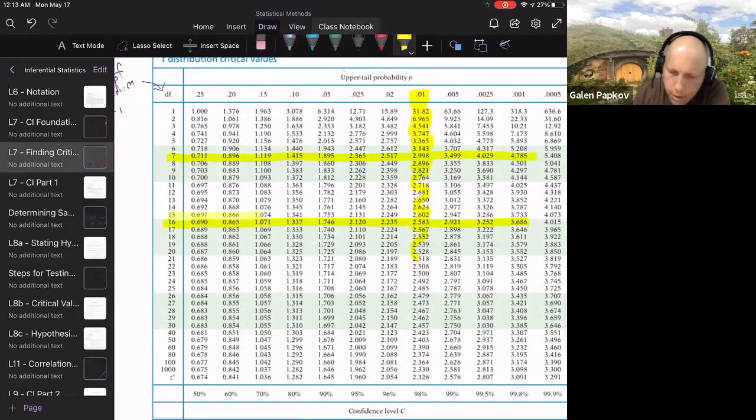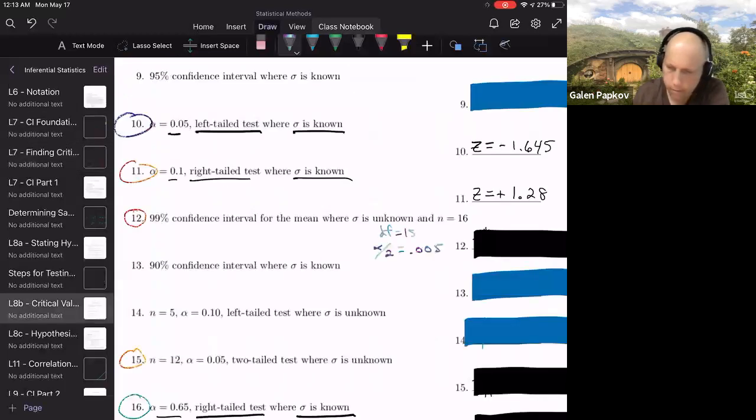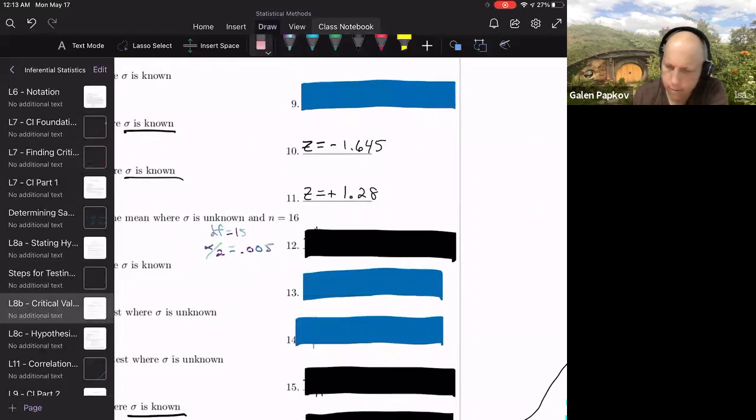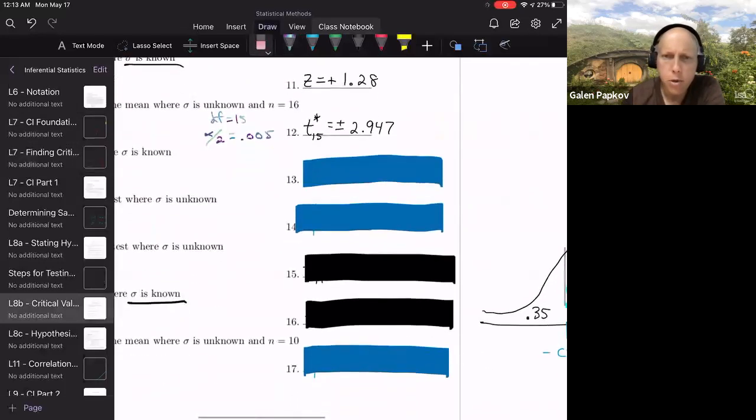So 15 degrees of freedom, and I said 0.005. It's going to be that value, 2.947 plus or minus. There you go.